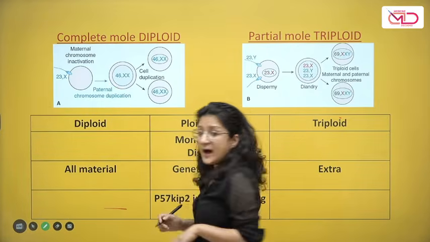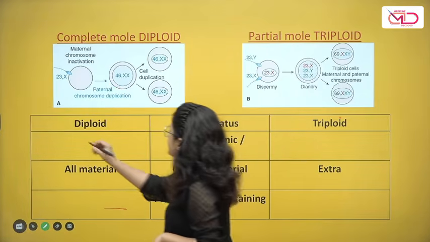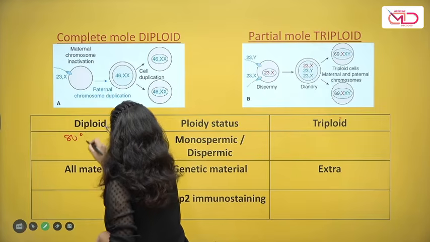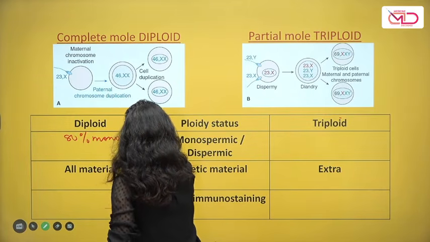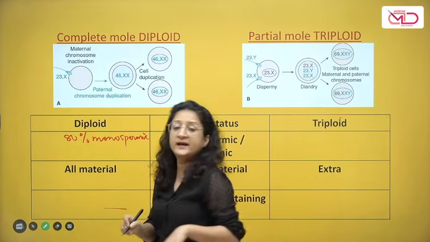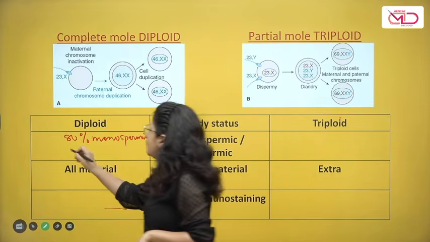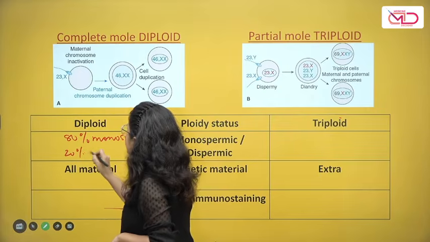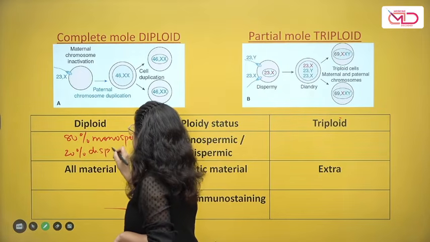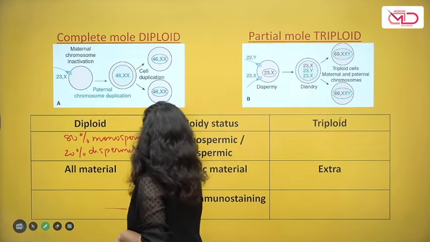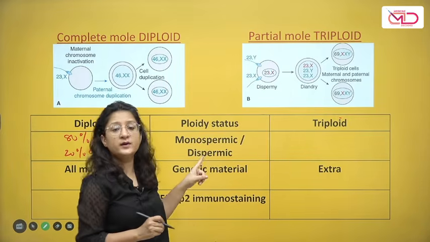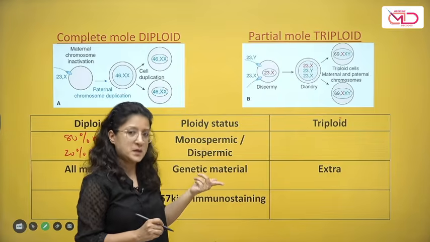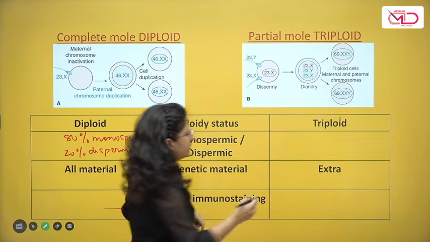Complete moles are mostly monospermic. 80% of the times they are monospermic. A single sperm fertilizes and then sperm DNA duplicates. And only 20% of the times they can be dispermic as well. Whereas your partial mole, on the other hand, is always dispermic because they have to become triploid.